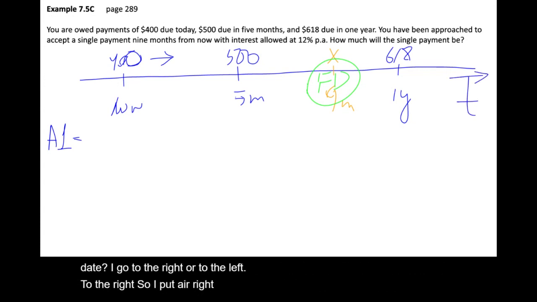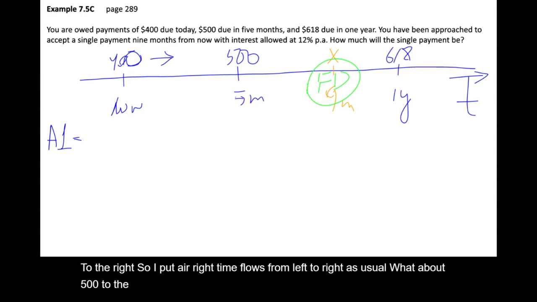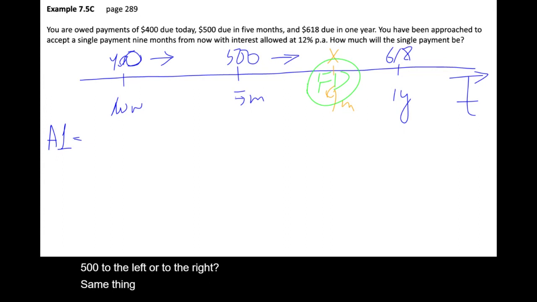Time flows from left to right as usual. What about 500? To the left or to the right? Same thing, right? What about 618? Left.